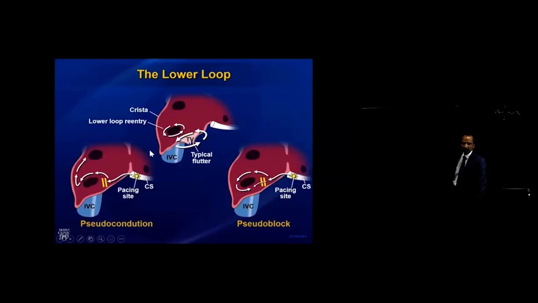But where this becomes an issue is the lower loop can be a limb for conduction to the free wall and to the isthmus, even after we have started ablating.